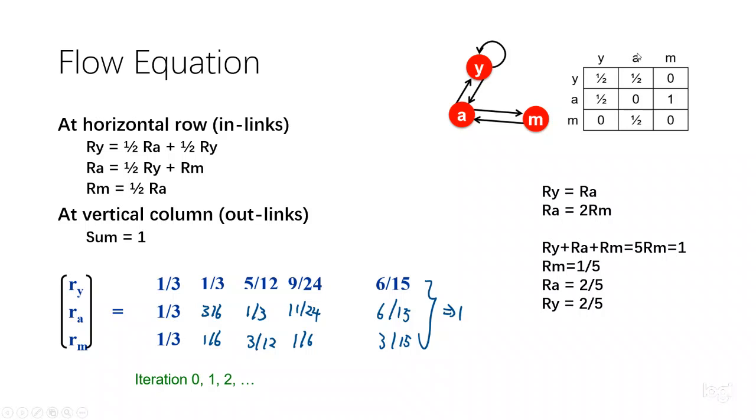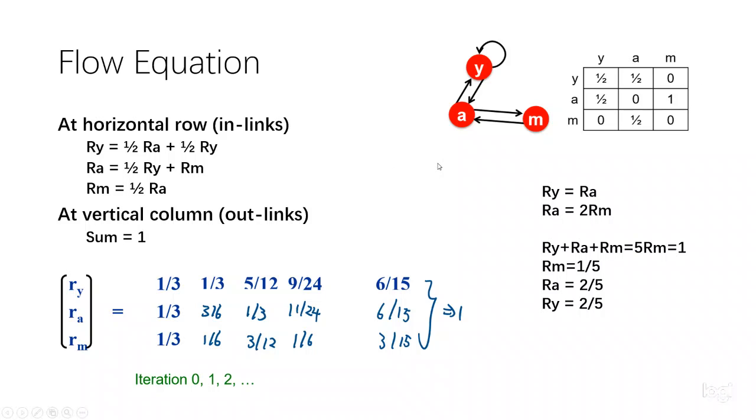Similarly, node A has two out-links to nodes Y and M. Therefore, each of nodes Y and M has an in-link from node A, which has 1/2 RA votes. And node M only has one out-link pointing to node A, and therefore all of RM flows to node A.